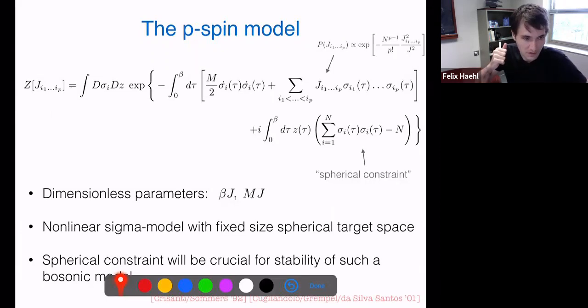These are the bosonic spins, and the spherical constraint that you asked about before is this condition here that we implement using a Lagrange multiplier Z. So there's a Lagrange multiplier that implements this constraint, and this is what I meant by saying that these spins live on a sphere. If you sum over all the spins, the square of all these spins gives you N in some normalization.